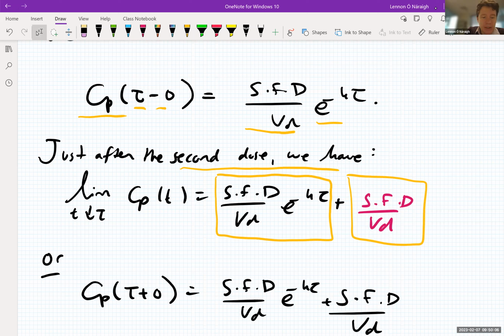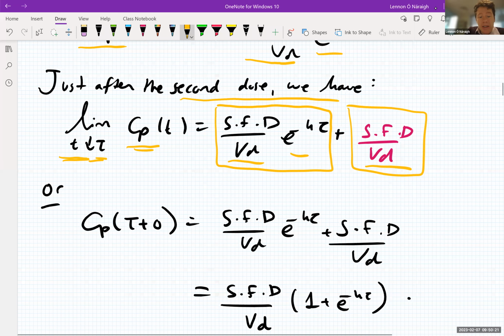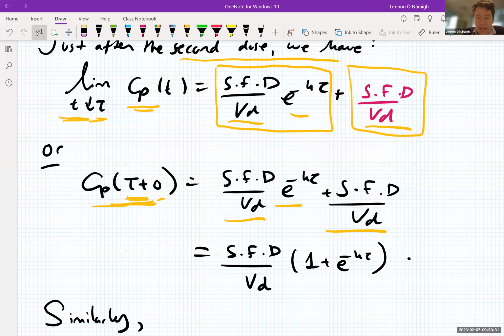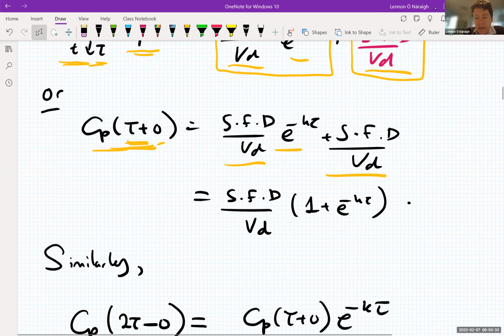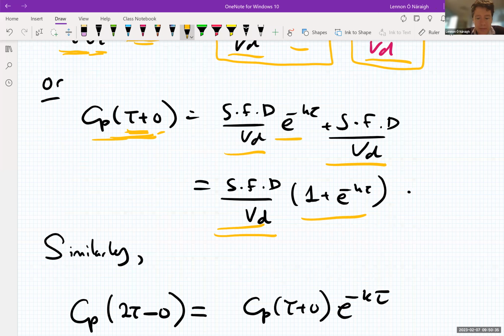And so the limit as time goes down to tau, so the limit from above of Cp of t, is SFD over Vd e to the minus k tau plus the new dose. And I write this more compactly as Cp at time tau plus 0 is SFD over Vd e to the minus k tau plus SFD over Vd again. And just gather up the terms like so.